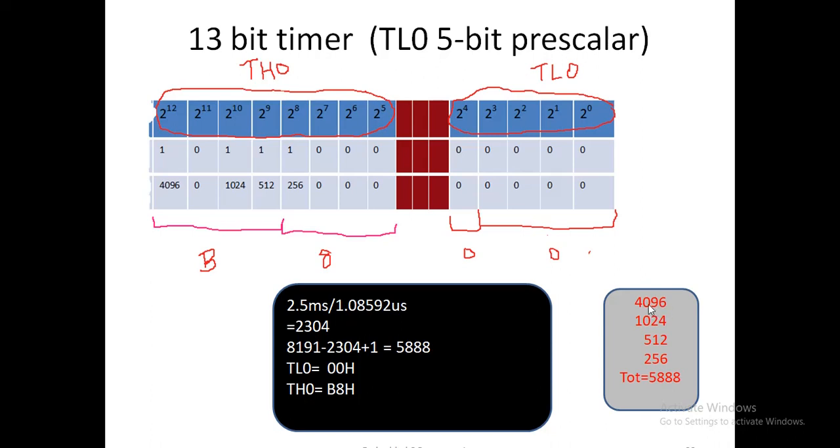So I added 4096, 1024, 512, 256, and totally I get 5888. Whichever bit is 1, I just club them. The upper byte becomes B, the next becomes 8, and the lower byte becomes 0. Here it is only one bit, it is 0. Prior to that you add 3 more 0s, because TL0 is an 8-bit register and we have only 5 bits. These are dummy zeros, so we get 0.